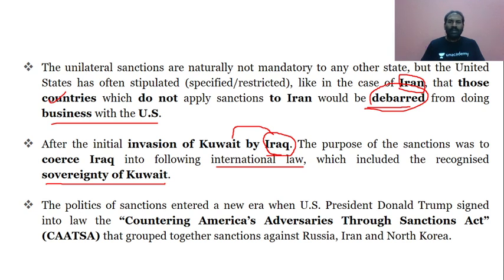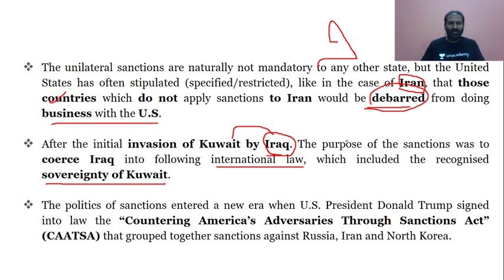For example, if India is still having trade with Iran in regards to purchasing crude oil, then India will be debarred from doing business with the US. This is how the US goes ahead with imposing economic sanctions.